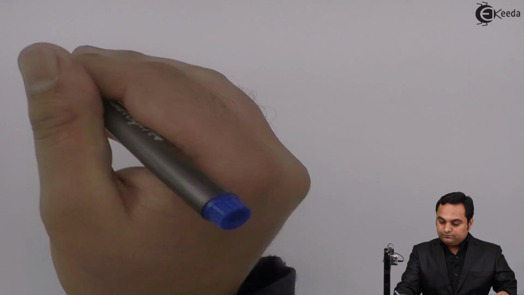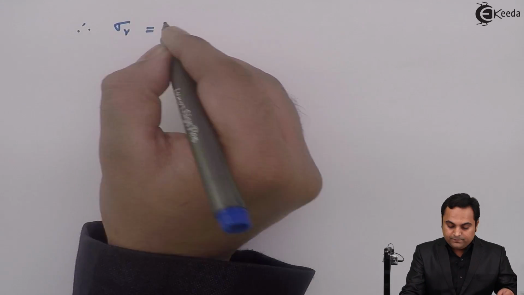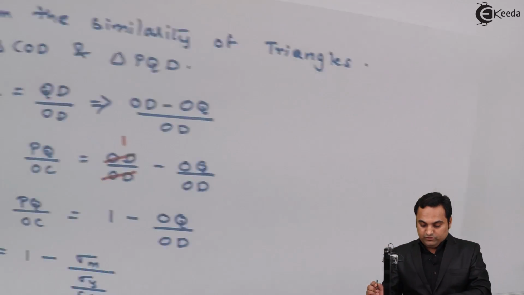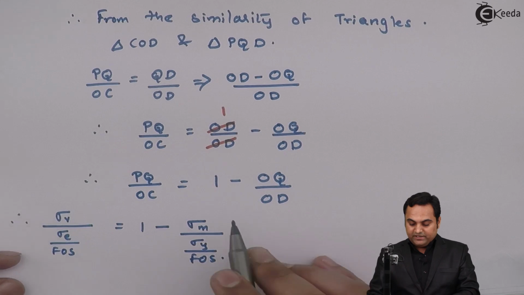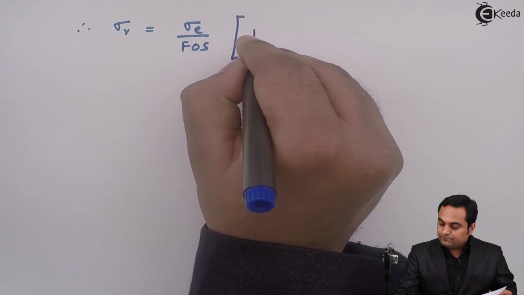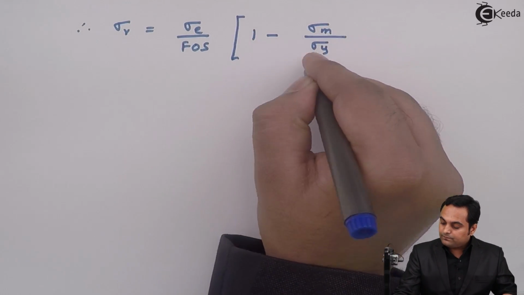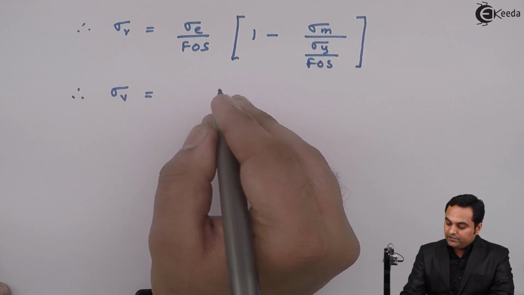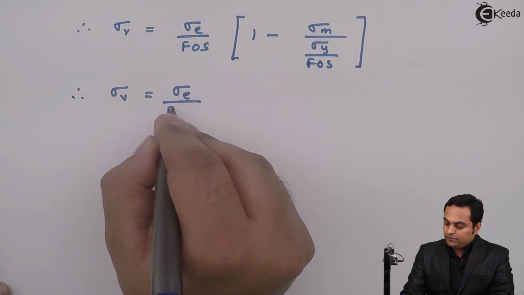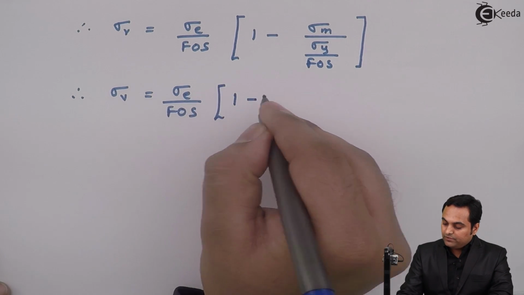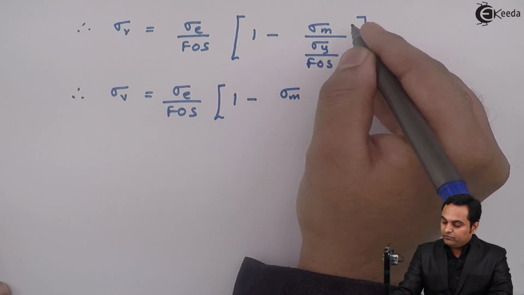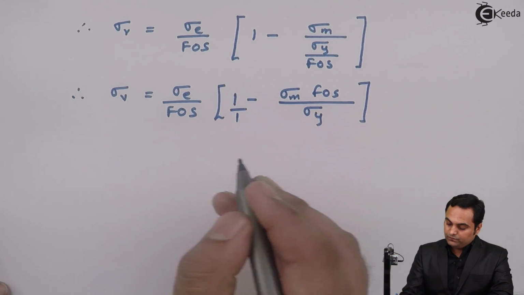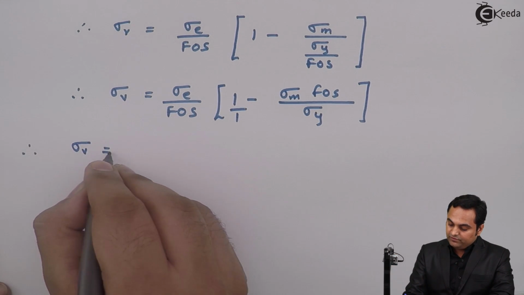So we have sigma V on one side, and here on multiplication we have sigma E upon FOS. This gets multiplied. Here this bracket will be written as it is. So therefore sigma V will remain as it is.